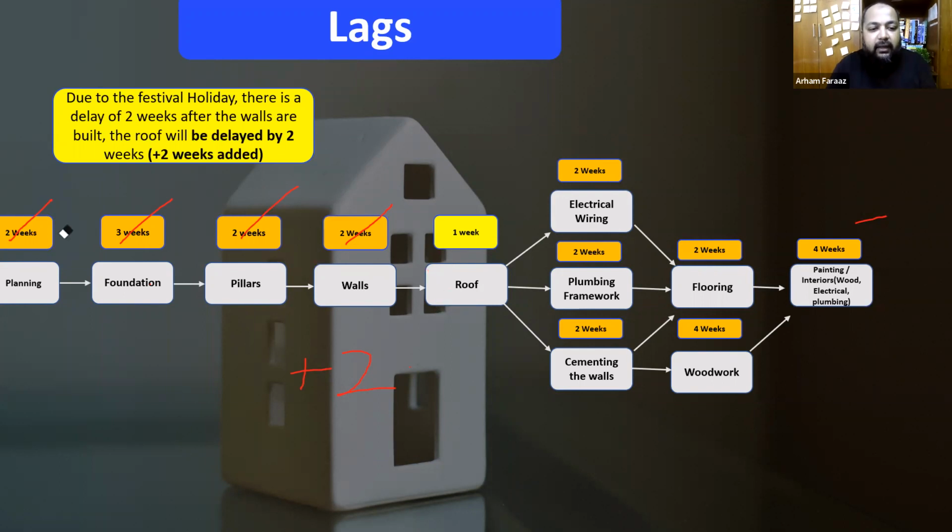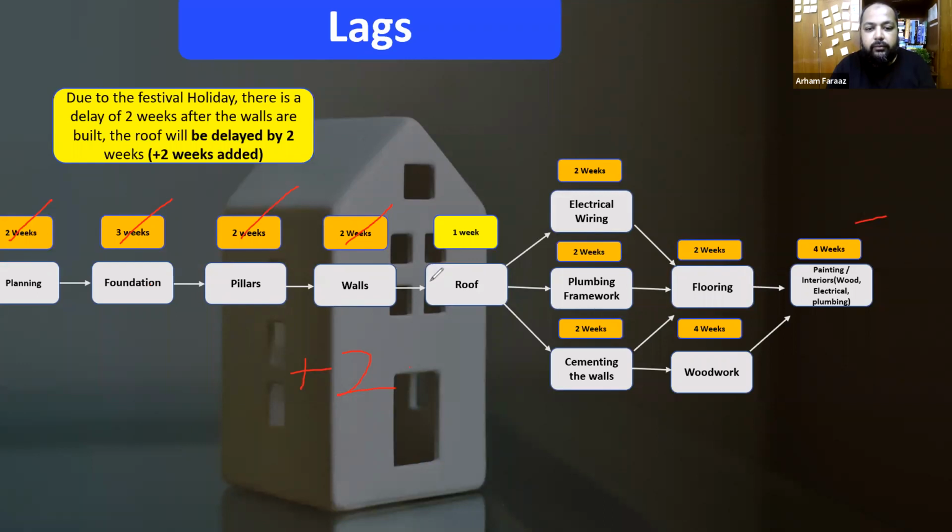In the ideal scenario, weeks 2, 3, 5, 7, 9, and on week 10 the work was supposed to start for the roof building.